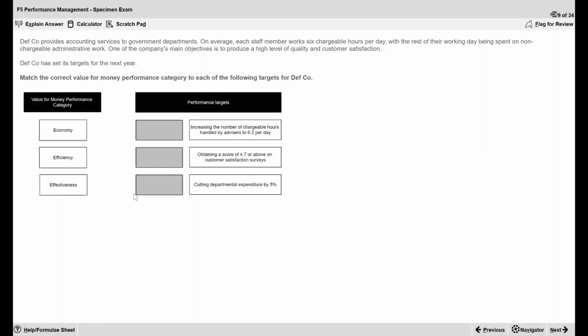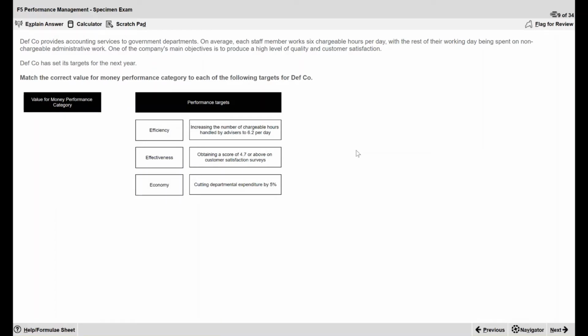My initial guess is this is efficiency, because we are looking at input and output, the hours versus the work. Obtaining a score of 4.70 or above on the customer satisfaction survey. So remember, overall performance and satisfaction, that would be effectiveness in my opinion, and then cutting department expenditure by 5% would relate to economy.